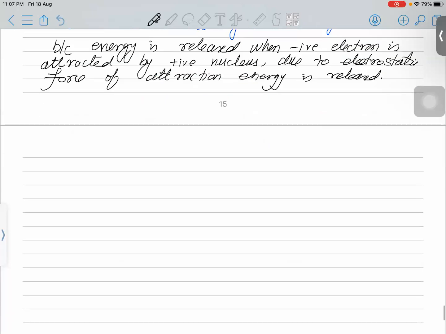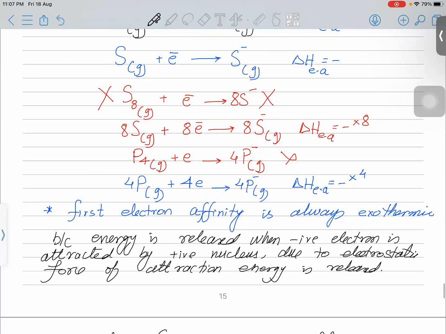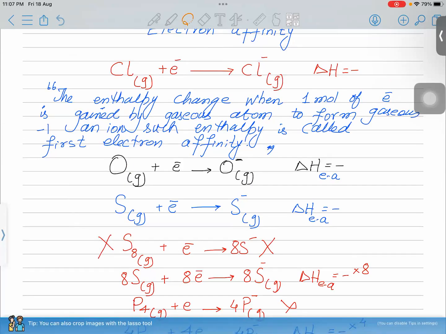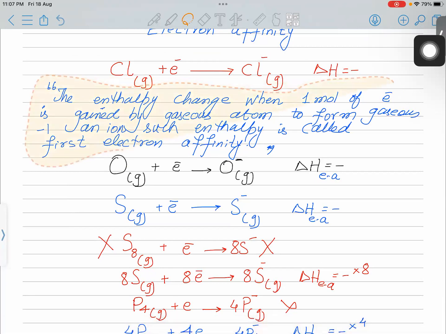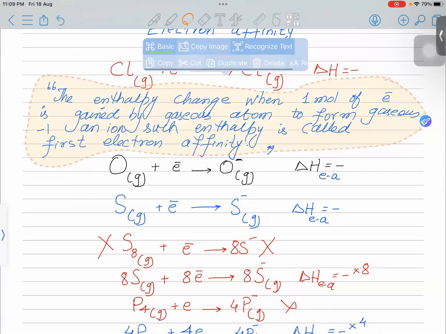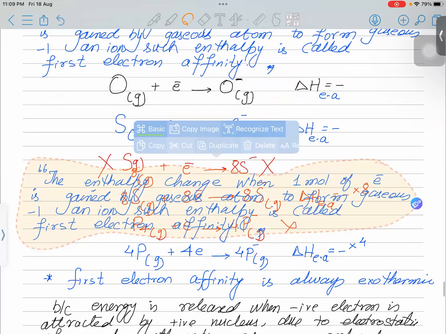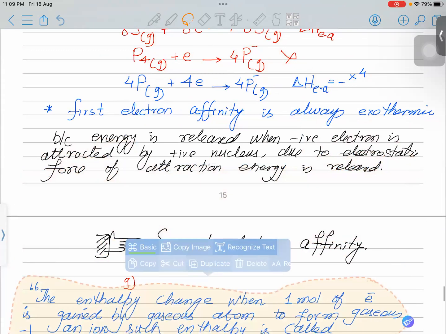Okay, next is second electron affinity. Same definition, but with a few changes.